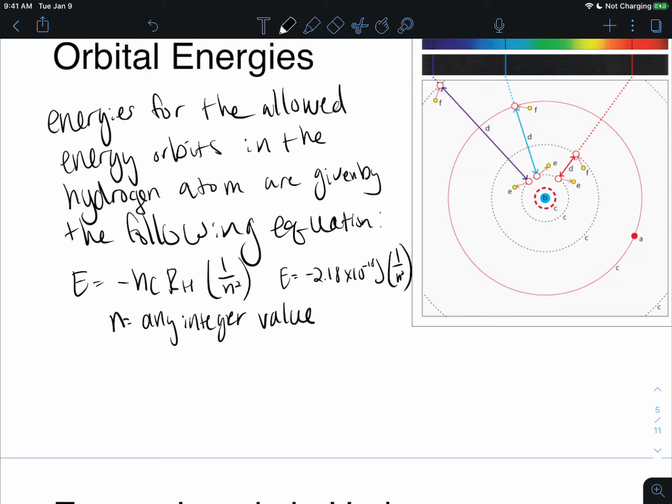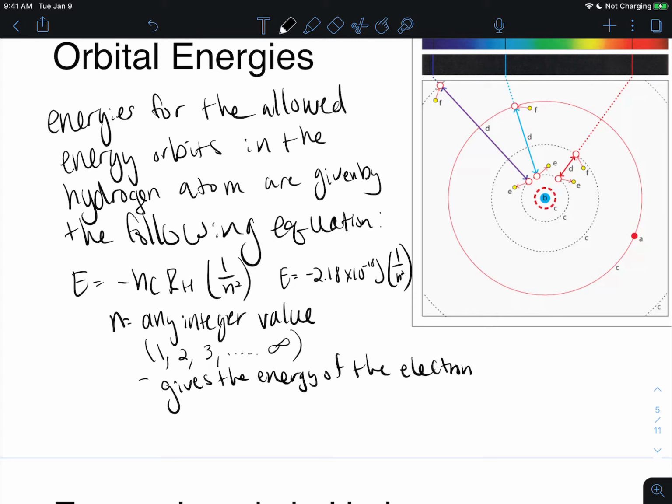So 1, 2, 3, 4, on to infinity. Okay. And this n value gives the energy of the electron. And it's become known as the principal quantum number.